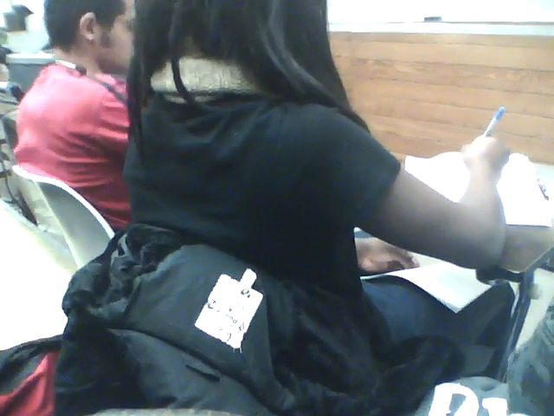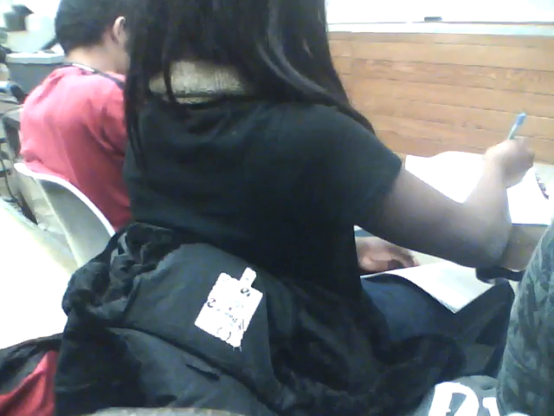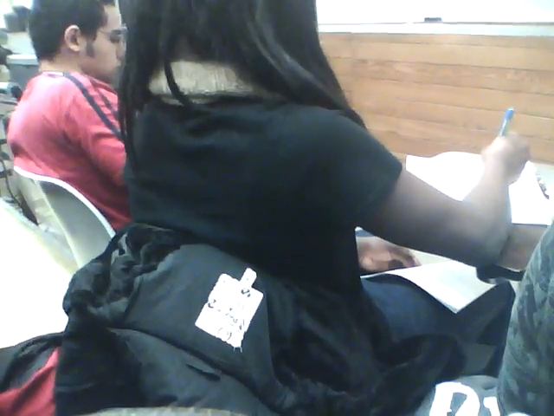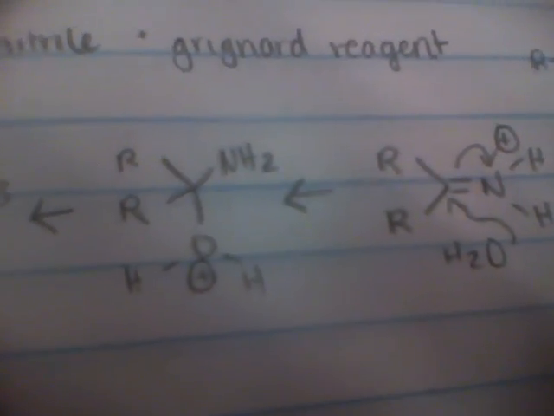Supposing I take this nitrile and I treat it with this Grignard reagent. And then, well, let me write down what I get first of all. Finally, on treatment with dilute acid, I would end up with that compound.